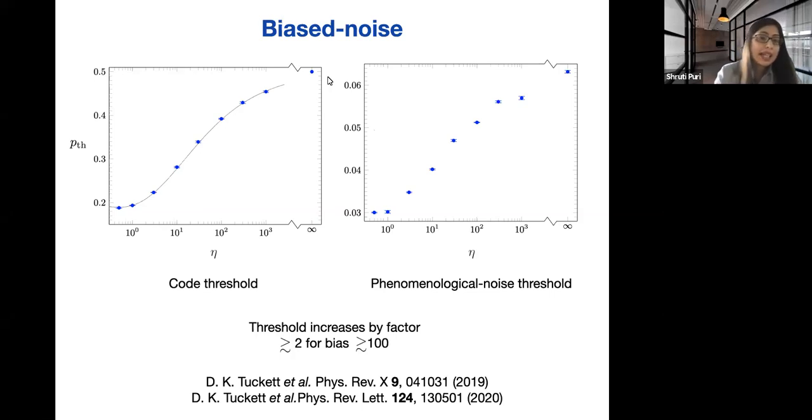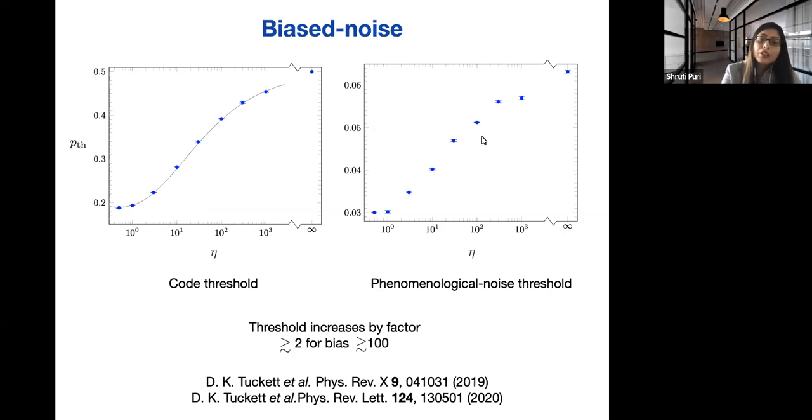In fact, in that case, the surface code essentially reduces to a repetition code. If you look at the bias of half, which is depolarizing noise, the threshold is about 20%. But you see that even for a bias of 100, you get a factor of 2 improvement in the threshold.